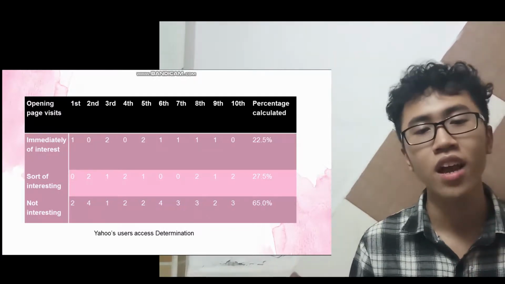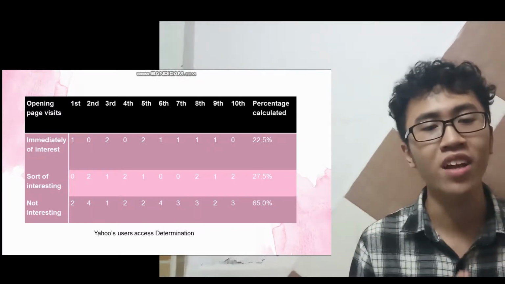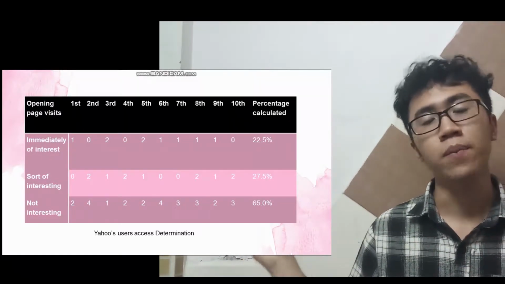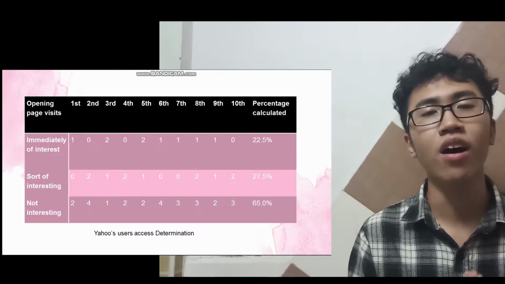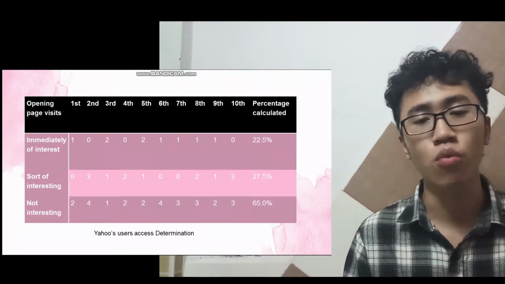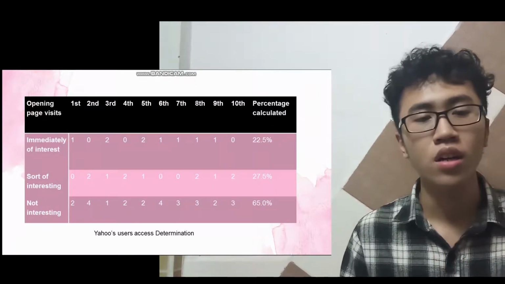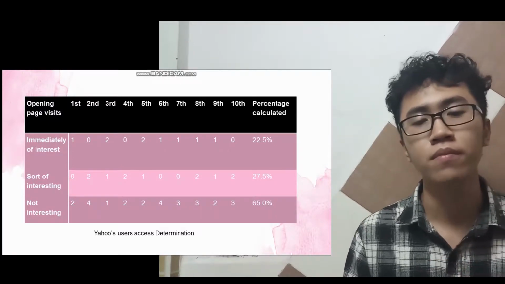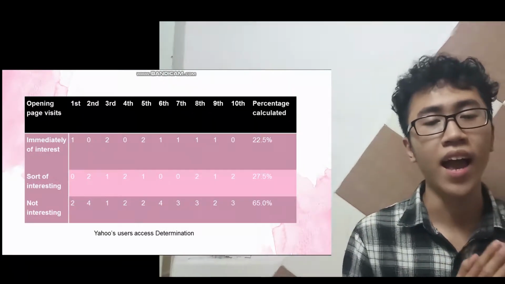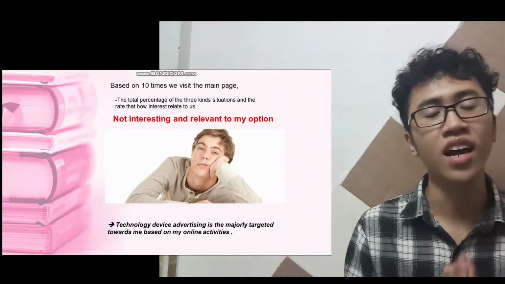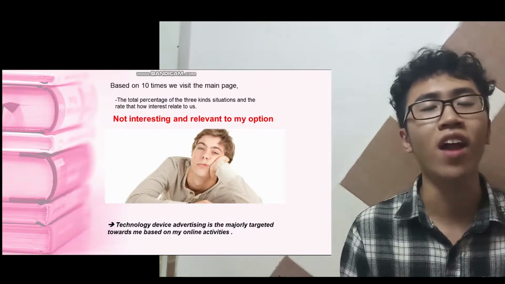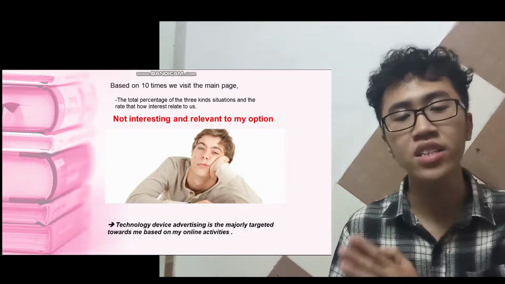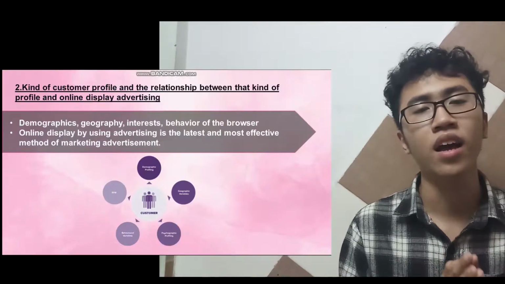The result obviously illustrates that most of them are not interesting and not relevant to my options, like 65% that don't catch our attention. The advertising from local stores seems to count the most, with some recommendations about the marketplace and technology devices. Advertising is mostly targeted towards me based on my online activities. So basically, we can conclude that the cookie data installed by the site was collected but not consistently well.